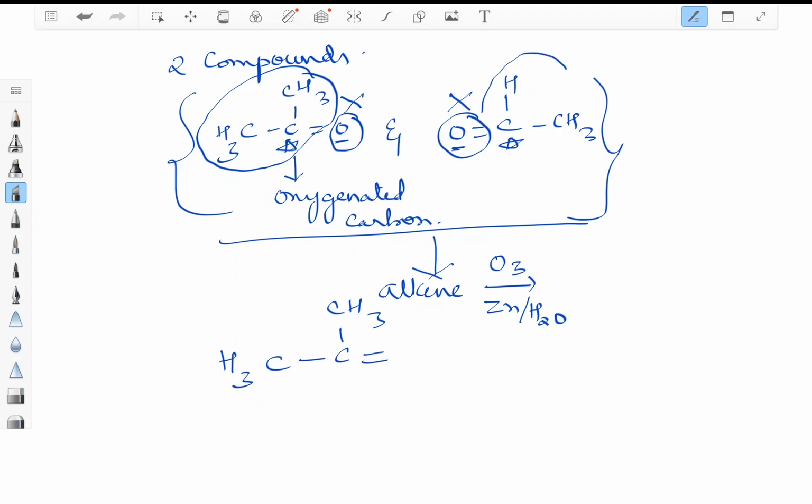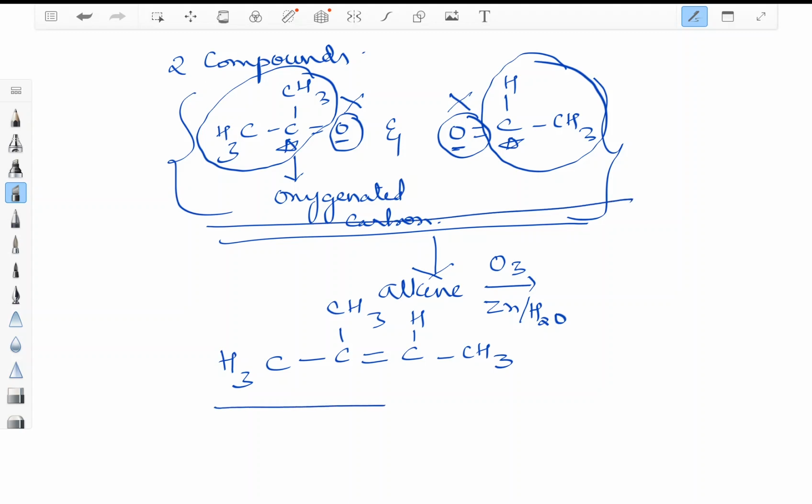Then we are going to take only this part, that is carbon with hydrogen and CH3. That means these 2 compounds were derived from this particular alkene. If I want to name this compound, I have to number from here 1, 2, 3, 4. At second position I have methyl, 2 methyl. At second position we have double bond, 2 butene.